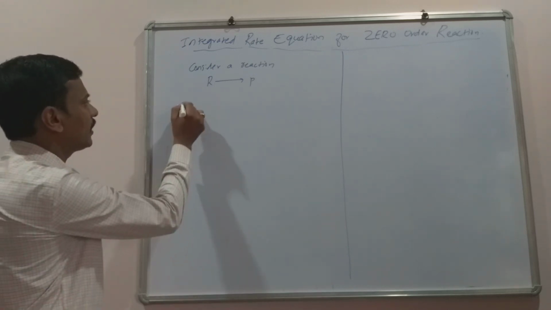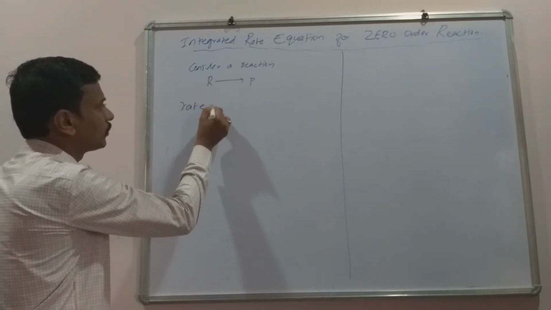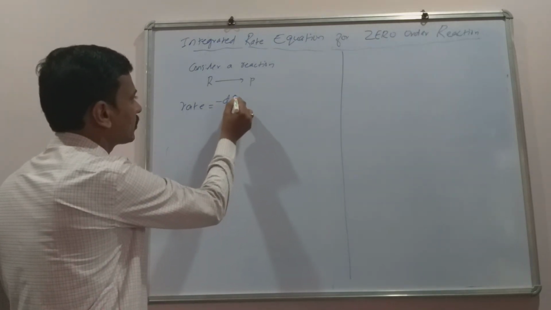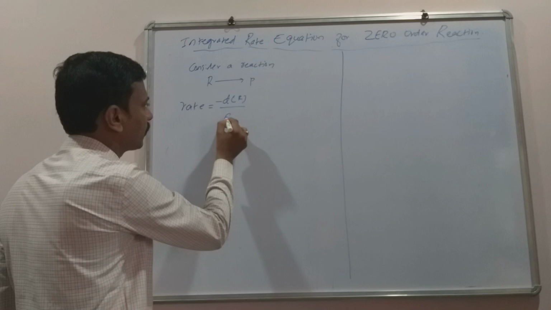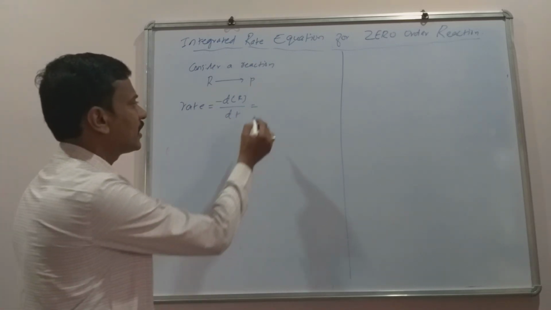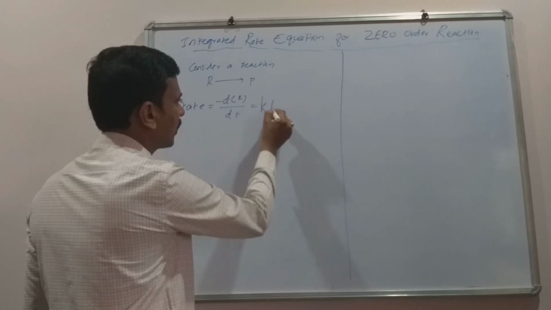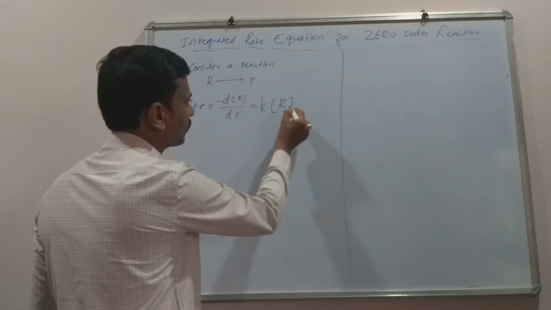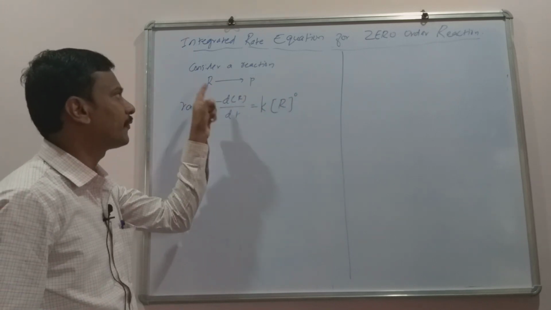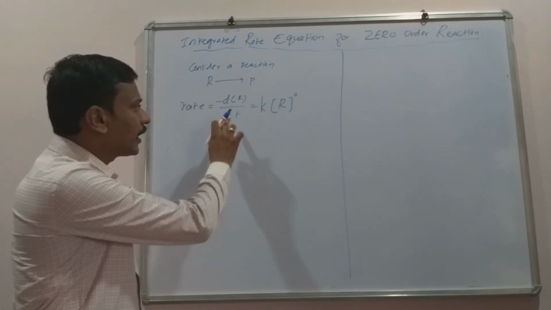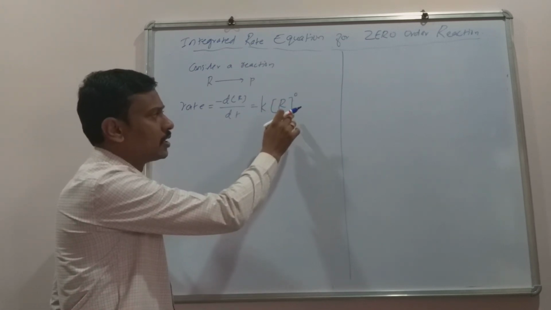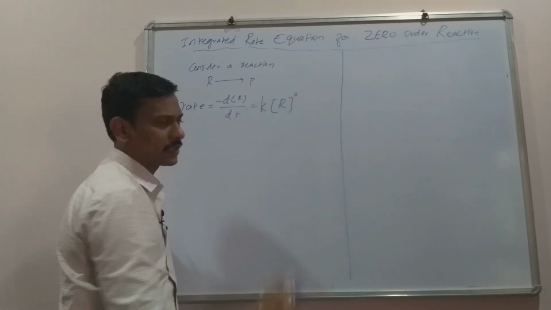For this, we can write the rate of the reaction equal to, as you know, the decrease in the concentration of the reactant with respect to time, that is equal to the rate constant k into [R] raised to 0. Why is it R raised to 0? Because from the definition we know that the rate of a zero order reaction is directly proportional to the zero power of the concentration of the reactant.